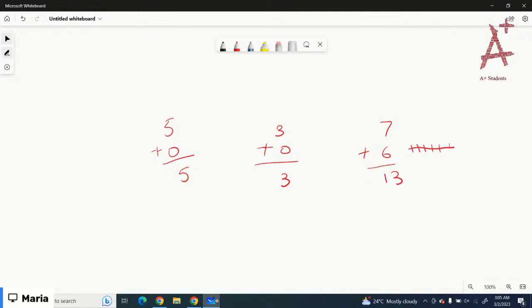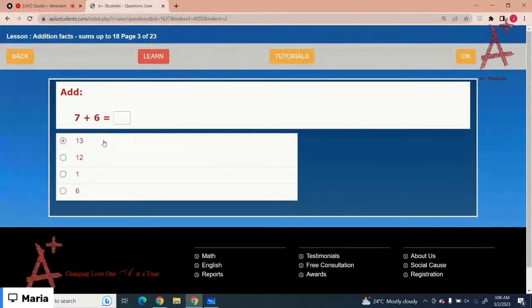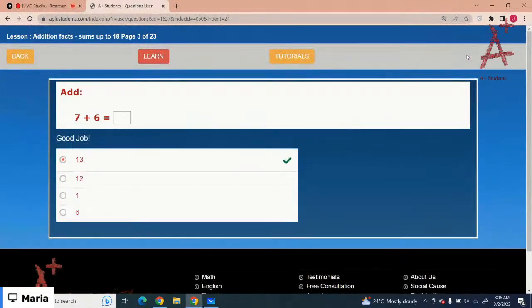So 7 plus 6 makes 13. So the correct option is 13. Select the correct option and move on to the next one.